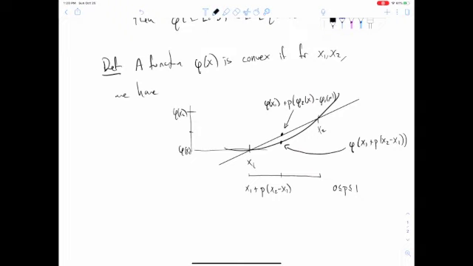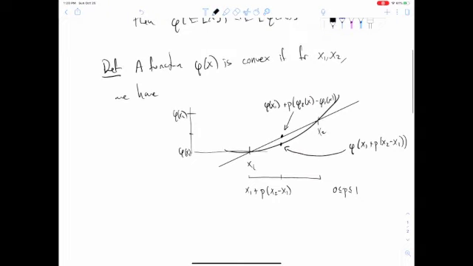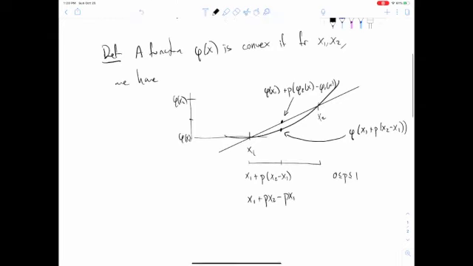But maybe I'll say it in a slightly nicer way. Let me rewrite this. What I'm really saying is that I'm looking at (1 minus p) x1 plus p x2, that's this thing here.